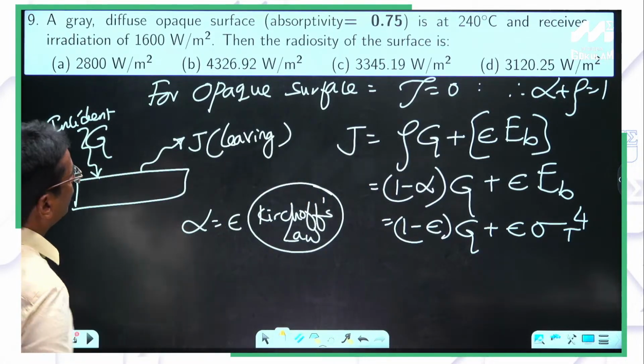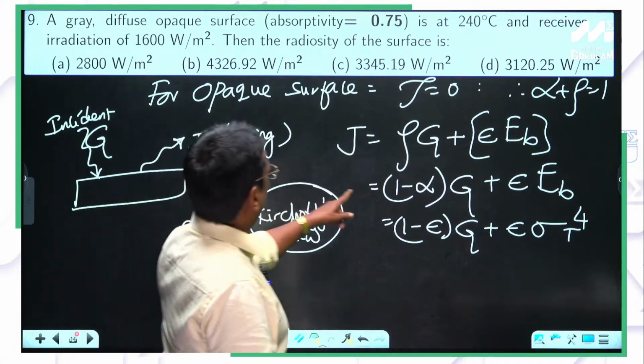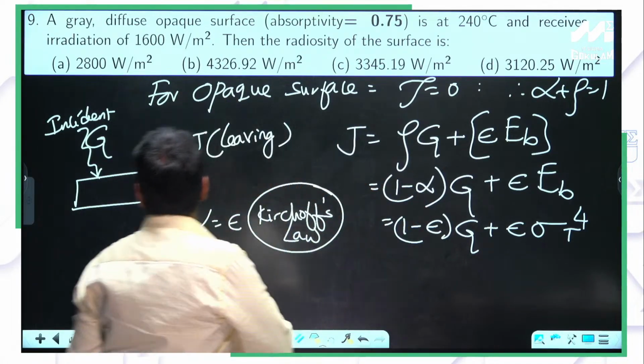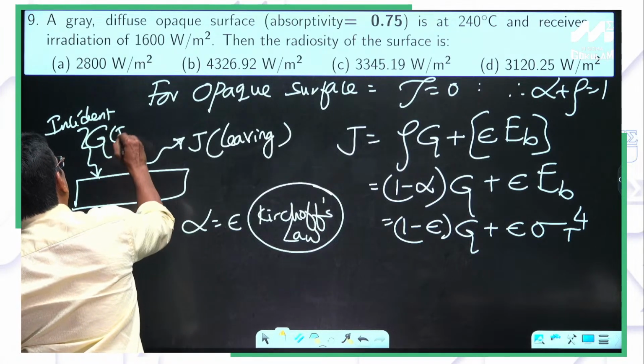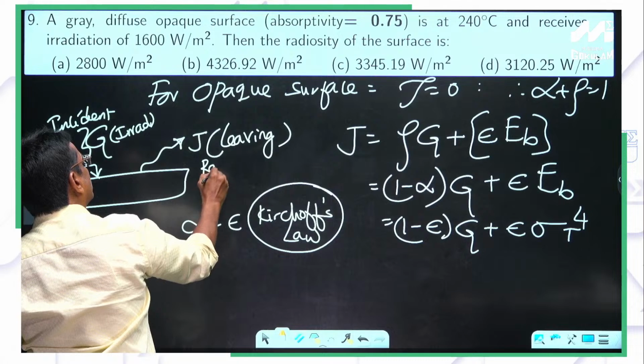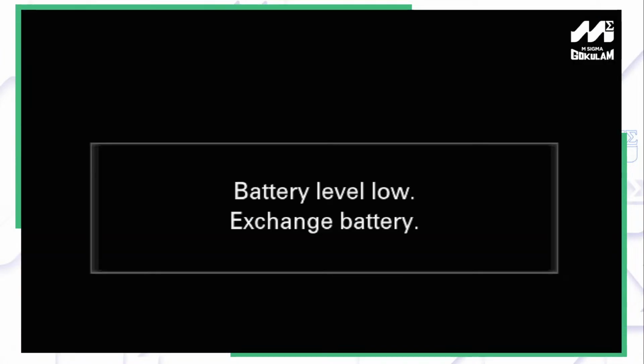Everything is given. Alpha is given. You can substitute here. Alpha is 0.75. G is called irradiation, the incident radiation. This is called radiosity. J is the radiosity.